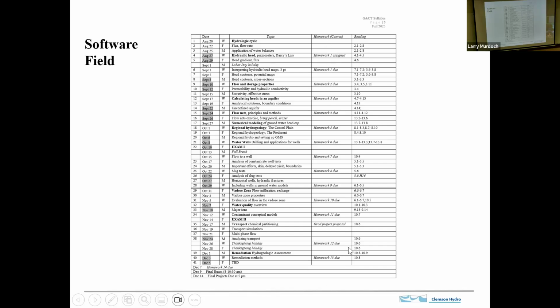This is when the homeworks are due, and here are the readings. This is the first cut at this, and what usually happens is I end up changing it a little bit as we go through the class, but this will be pretty close to what we'll do.